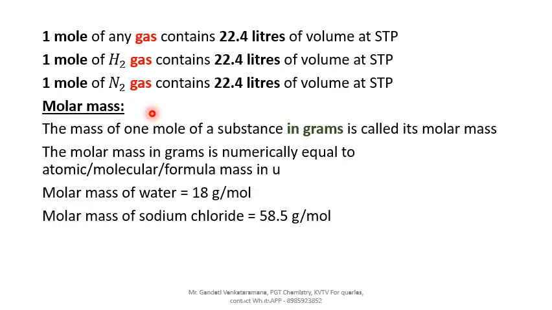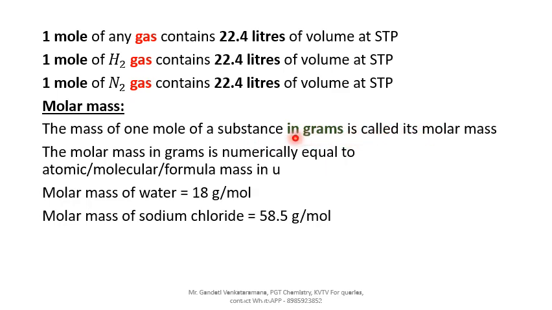But what is present here? This is molar mass. So what is the basic difference between molecular mass and molar mass? We will see. The mass of 1 mole of a substance in grams is called its molar mass.